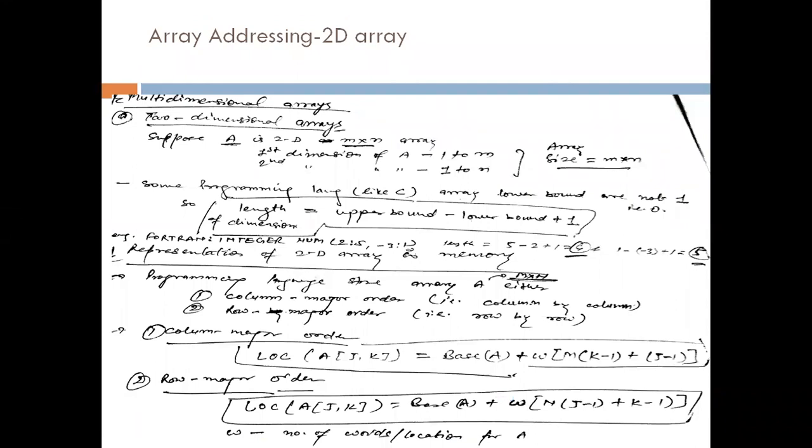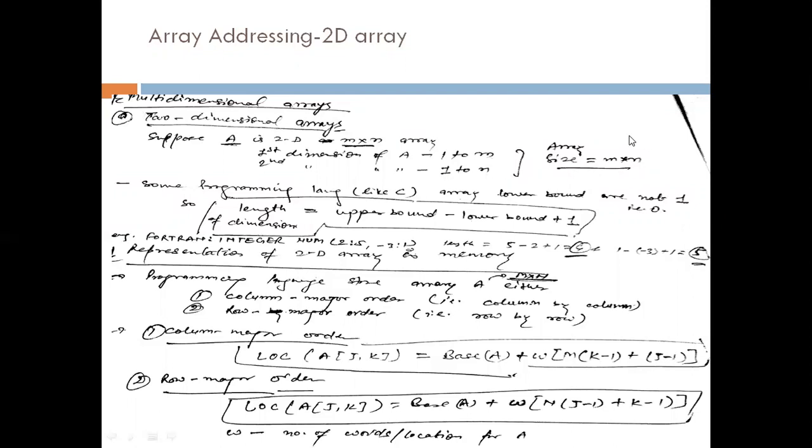Suppose we have a two-dimensional array A of dimension m cross n, and suppose we are taking the subscripts of the first dimension from 1 to m and the second dimension from 1 to n.